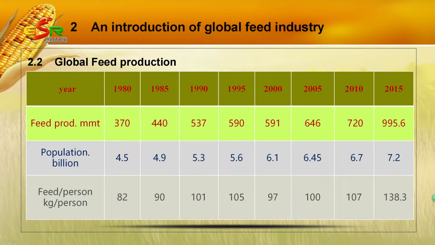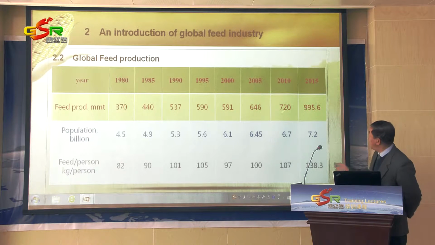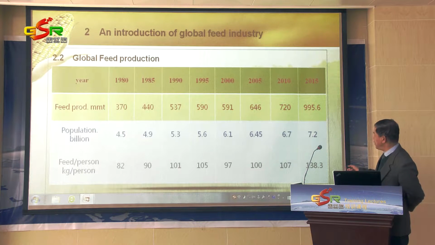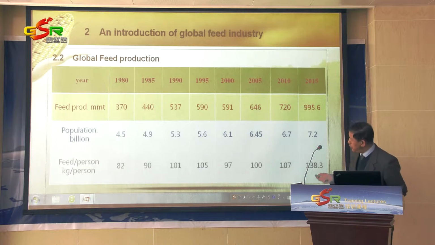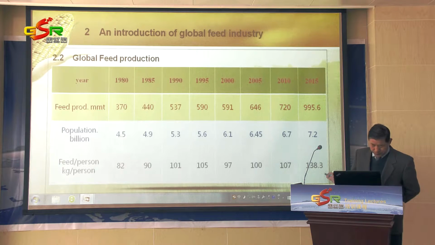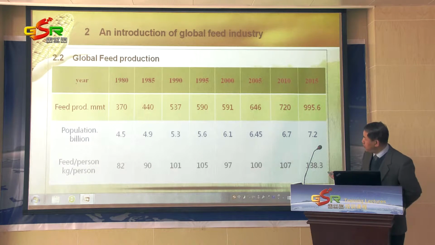And as we can see the world population in 1980s is 4.5 billion, and to 2015, the population had reached 7.2 billion. So the population increased 0.6.